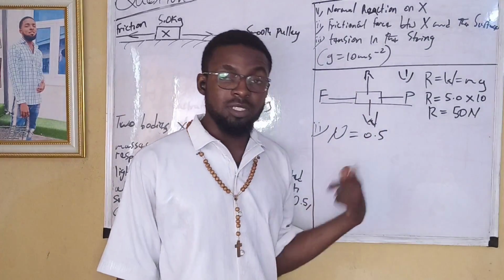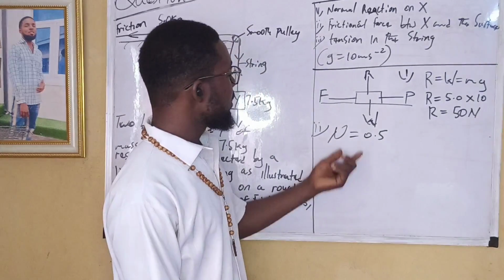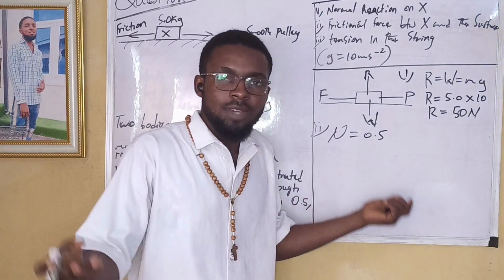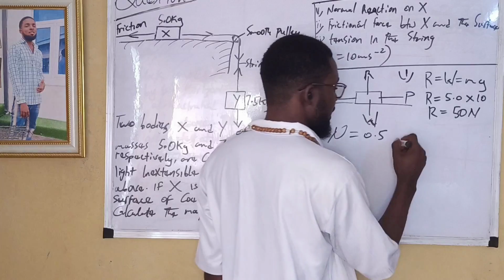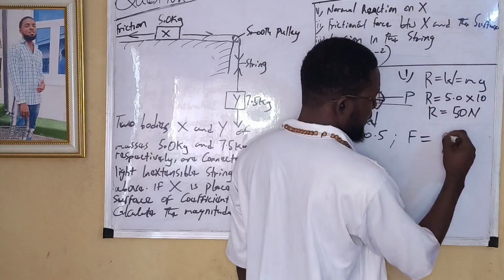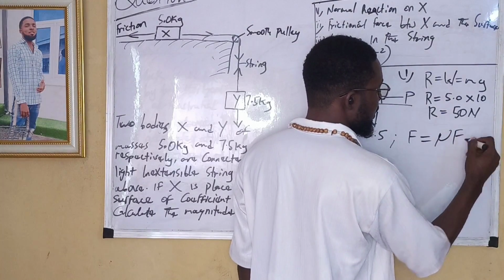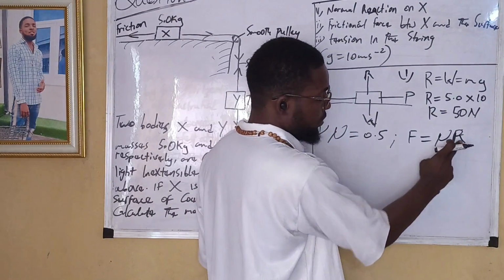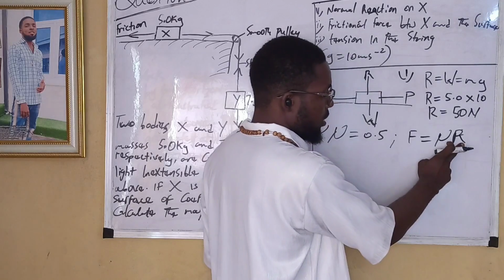Remember, this coefficient of friction is dimensionless. To get the frictional force when we're given the coefficient of friction, it's very easy. Remember this formula: the frictional force is equal to the coefficient of static friction times the normal reaction.